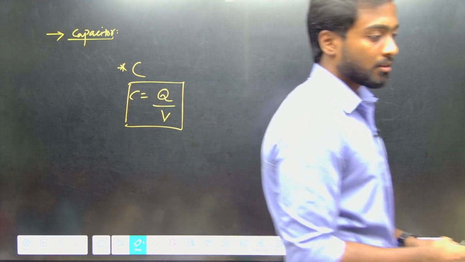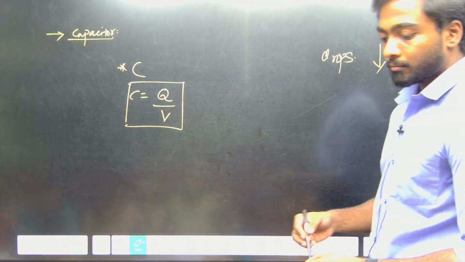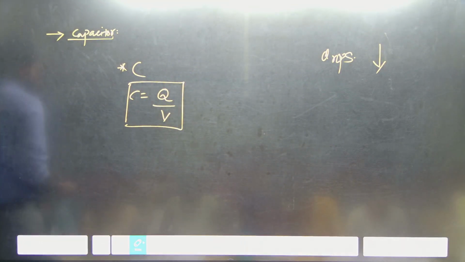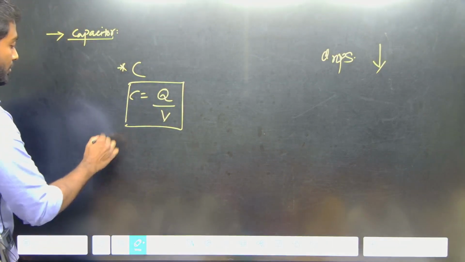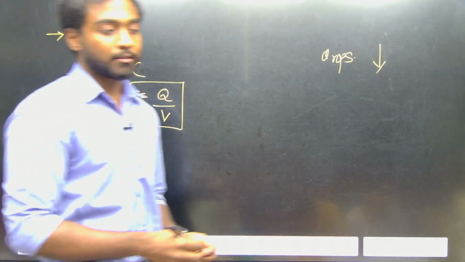Charge. V is potential and C is capacitance. Next point, the SI unit is farad.